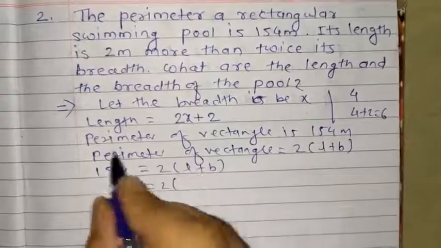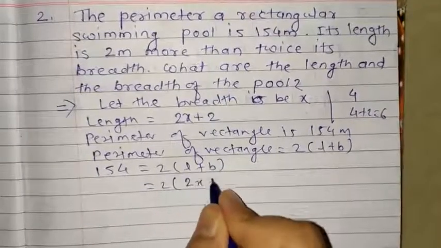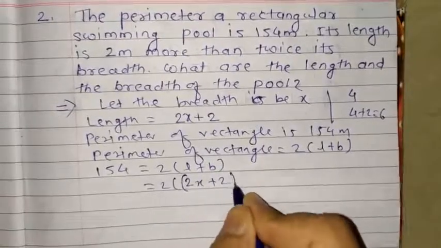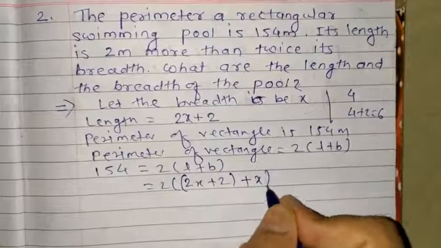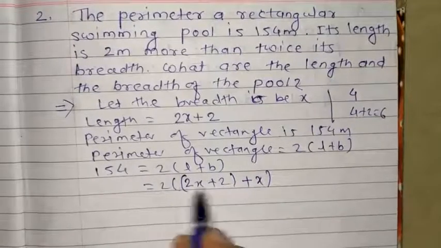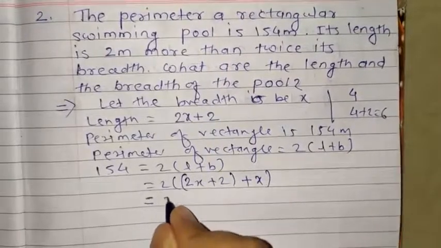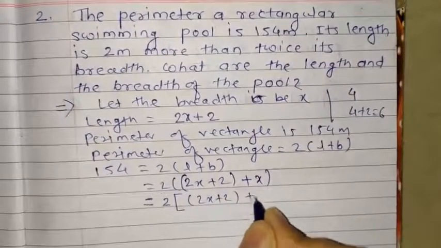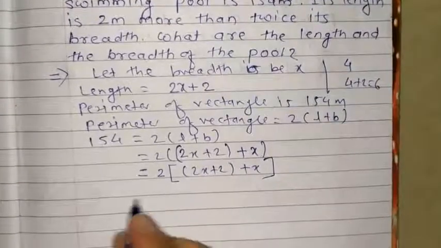And the length expression we created is 2x plus 2, and the breadth we assumed is x. So we put it in a bracket, and this whole term is multiplied by 2. So don't be confused here, I am keeping the 2 separate. Now I am writing systematically plus x. So this is our equation.